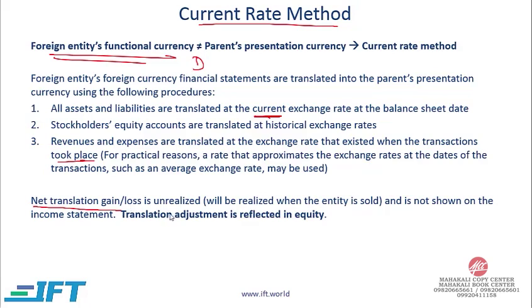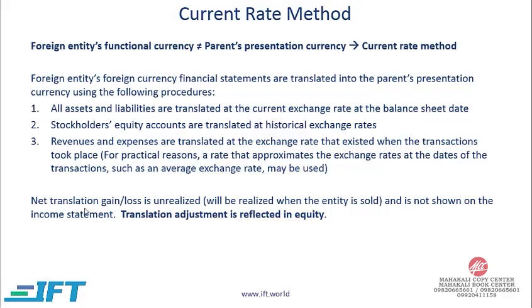This net translation gain or loss does not flow through the income statement. It needs to be reflected in equity. In other words, there is a component in equity that covers the net translation gain or loss.